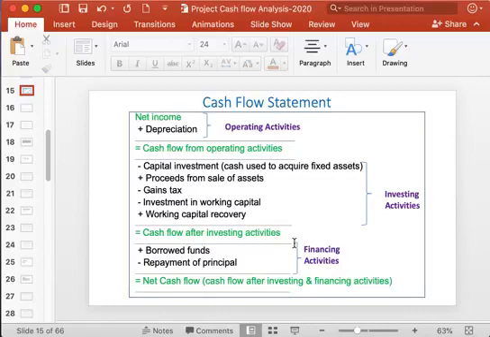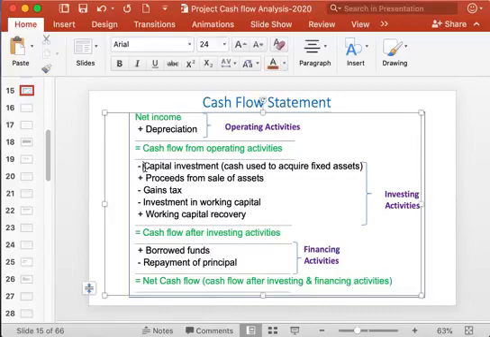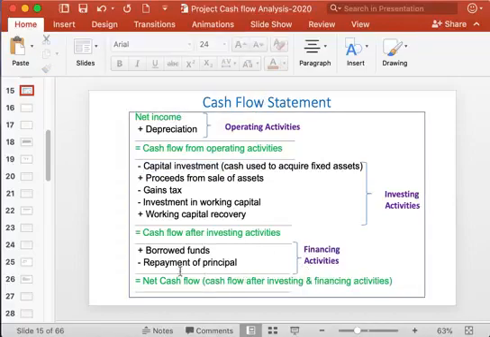Or in other words, when we borrow funds from financial institutions to finance the purchase of capital equipment under the investing activities, then this component comes into picture and we have to include it in the income statement and cash flow statement.